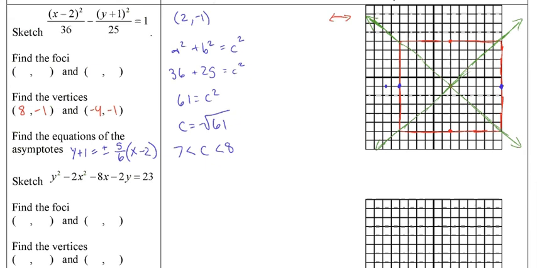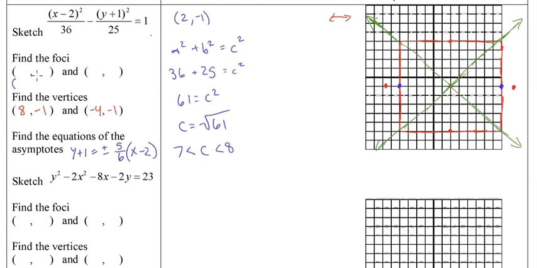Actually, probably shouldn't use blue. It's not part of the hyperbola. And then out 7, but not quite 8 to the right as well. 1, 2, 3, 4, 5, 6, 7, and a little more. There's our foci. And so where are those located? Well, that's not going to be enough room for us.